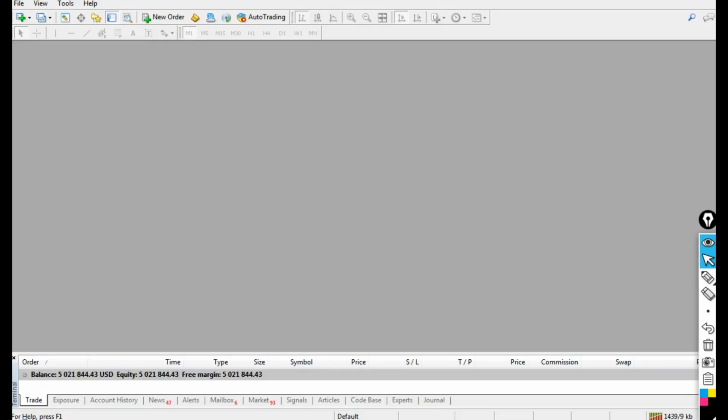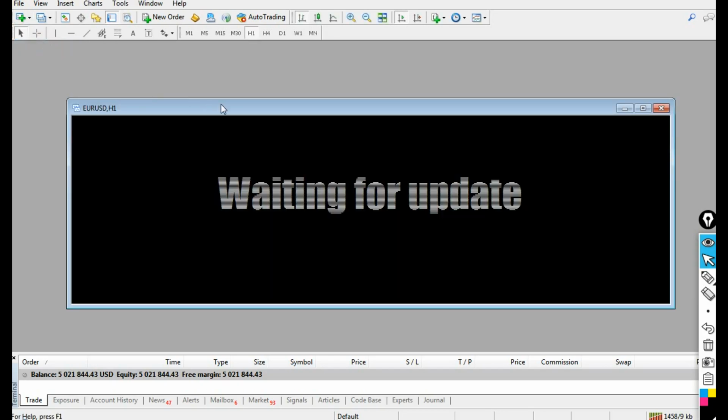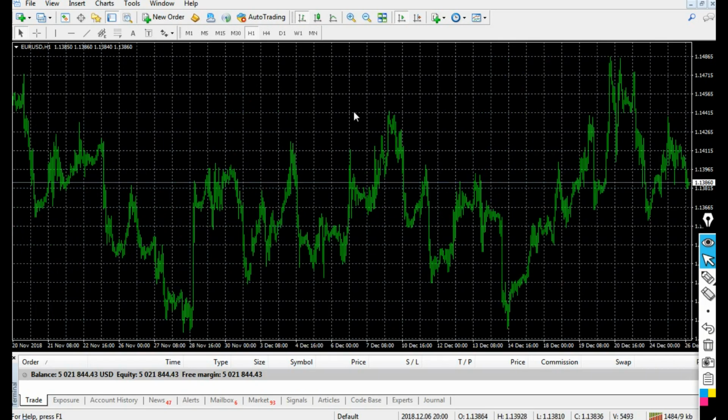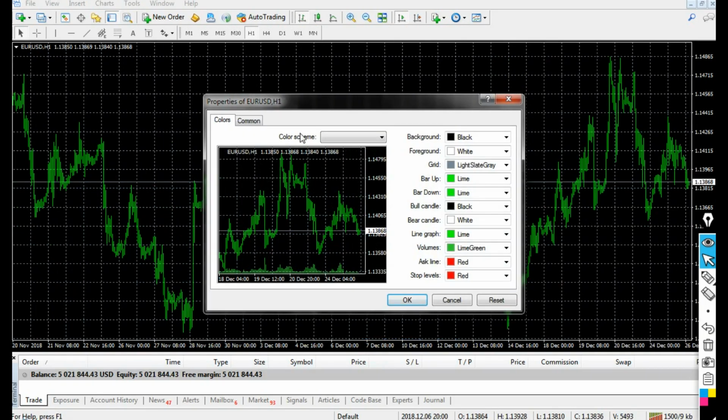First we take a MetaTrader here. In this MetaTrader I need a chart. So I open a normal chart, commonly a major, that is EURUSD. Let us first set the properties, and we set a good color scheme that will allow us to check the visuals of the candles and everything easily.